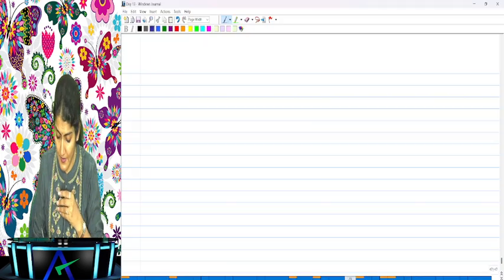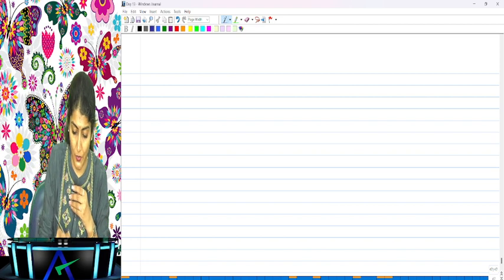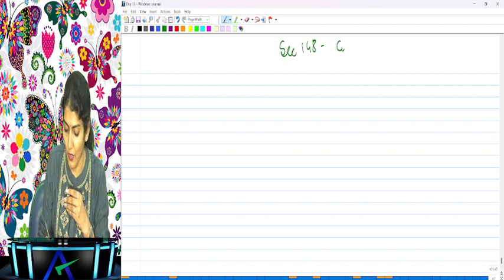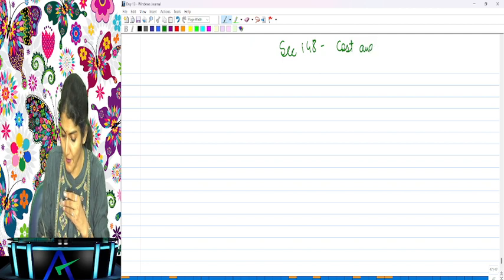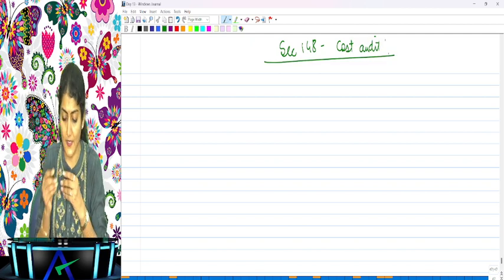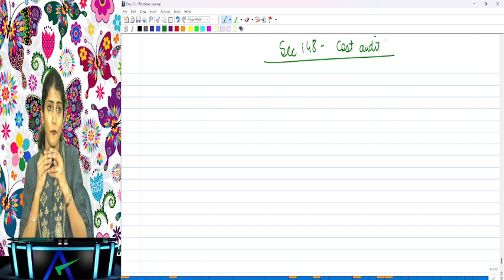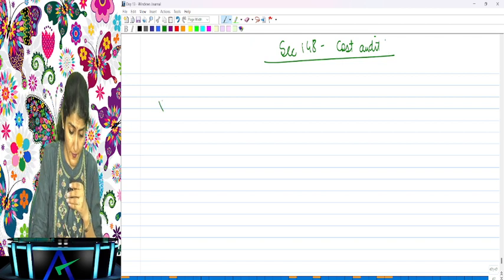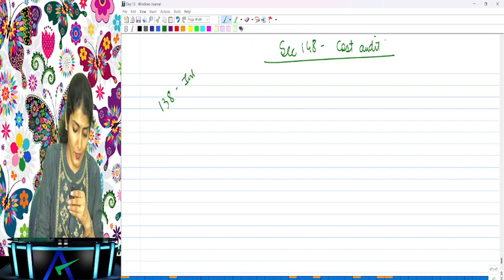Okay, right. Now coming to the next section over there, which is section 148, which is regarding the cost audit. So we finished all our discussion regarding the stat audit. So see now how it is. 138 is internal audit.